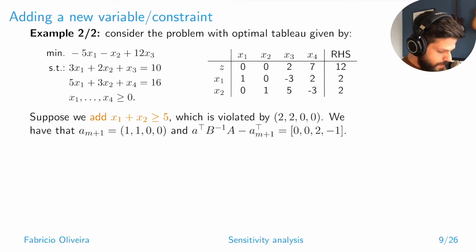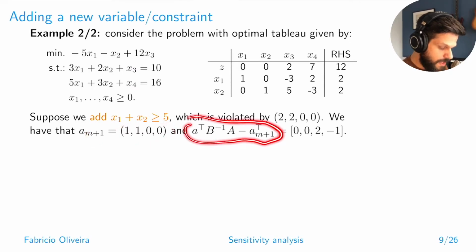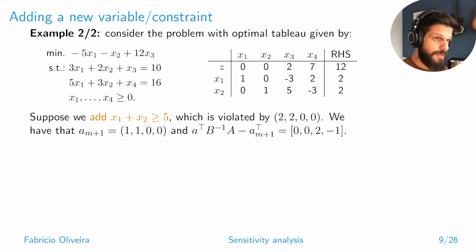Well, we know that our a_{m+1}, like we defined before, is (1, 1, 0, 0). So here it is. And this term here that's going to become the row of your simplex tableau is a_B B^-1 A. Here a_B is the components of this vector associated with the basic variables, so in this case it is just (1, 1).